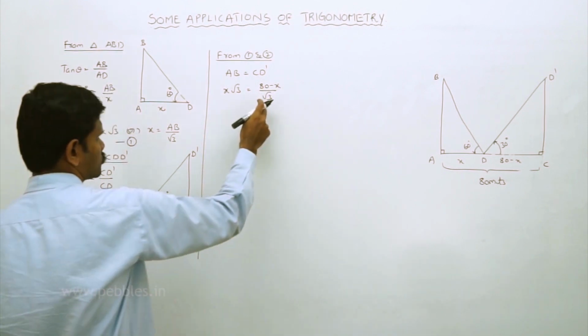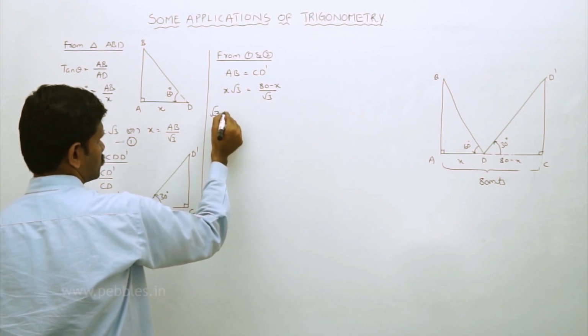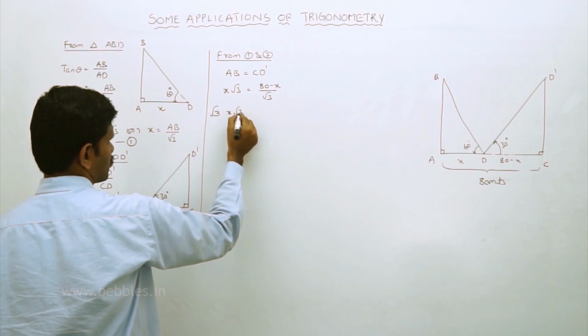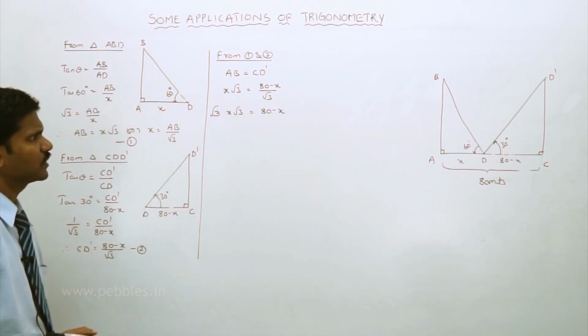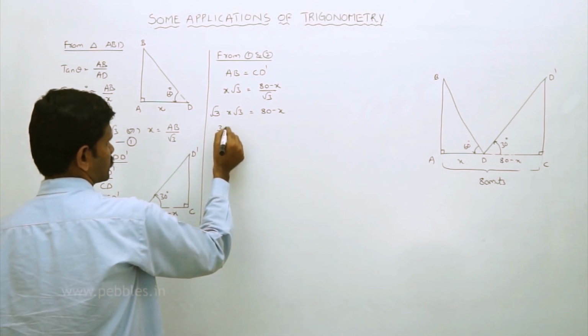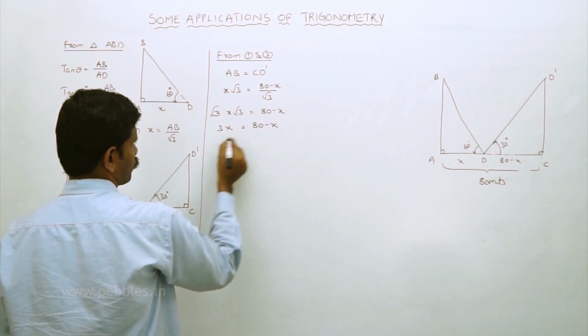Now root 3 into x root 3 is equal to 80 minus x. That is, 3x is equal to 80 minus x.